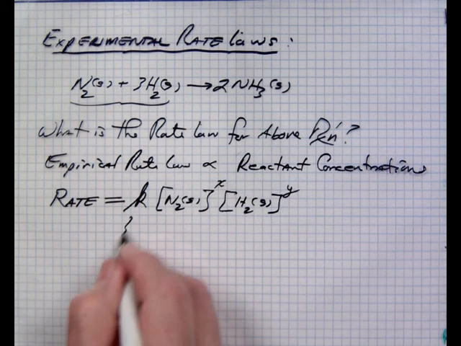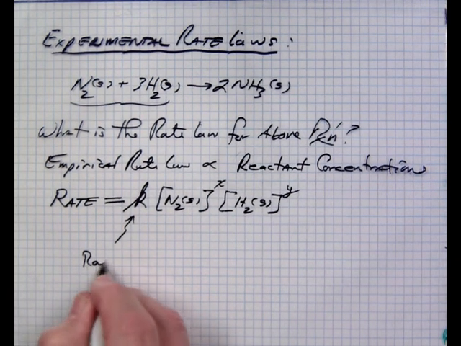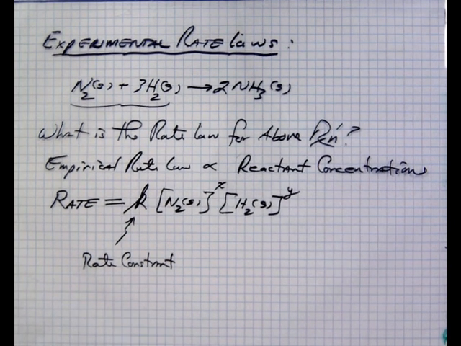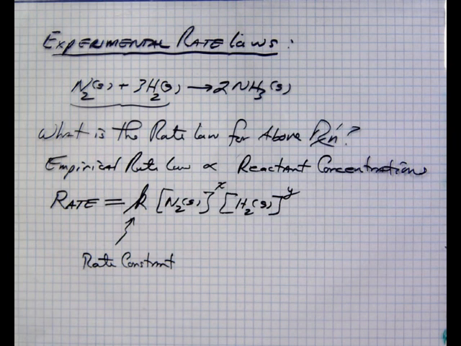The k in this expression is called the rate constant. For all practical purposes, since it's directly proportional, people use it as a measure of the speed of the reaction. It's the speedometer of the reaction.